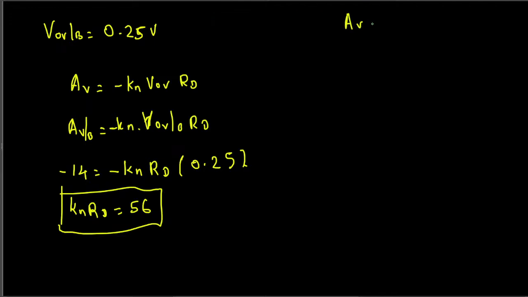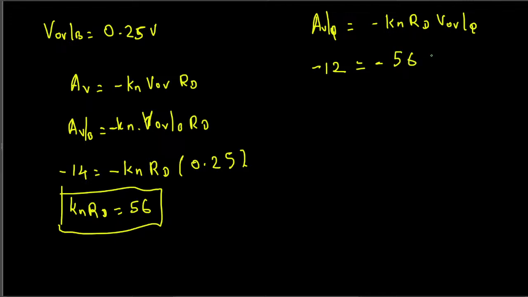So AVQ is equal to minus KN RD VOVQ, and AVQ we already know to be minus 12, equal to minus KN RD, which we found to be 56, and we are trying to find VOVQ.